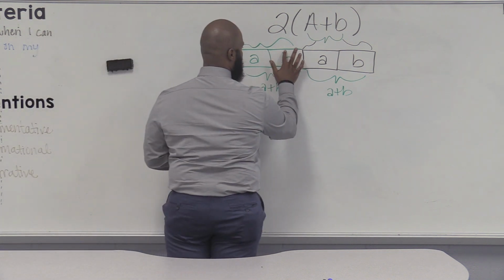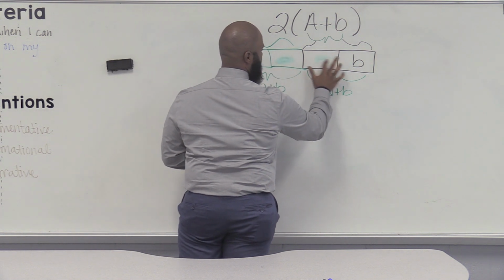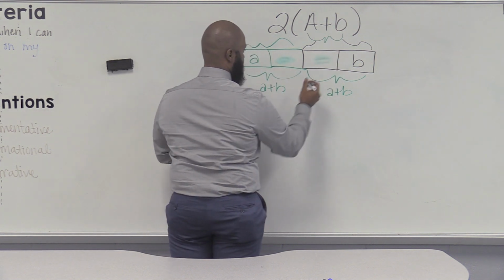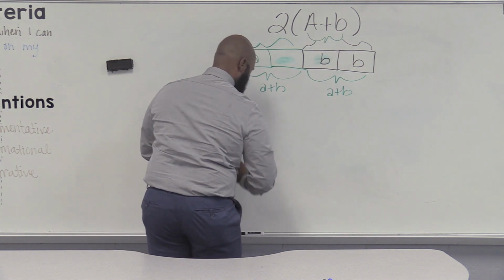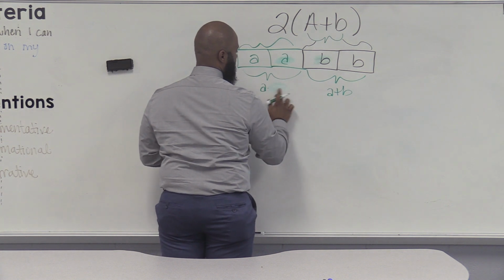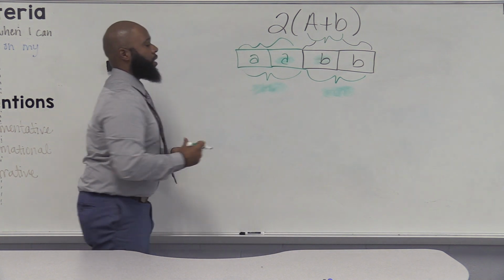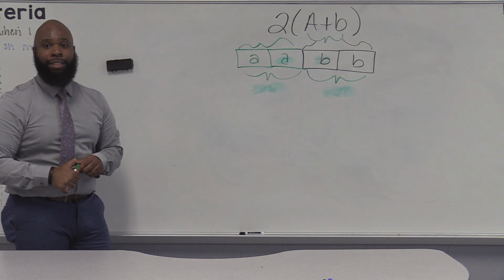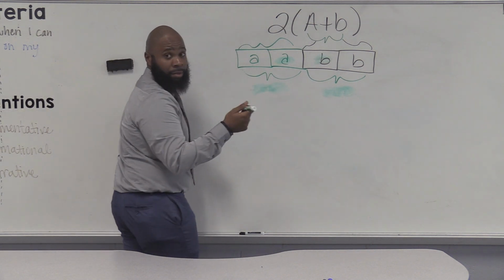Let me move my B here. And then I'm going to move my A here. So I have rearranged my model. So now this represents what?